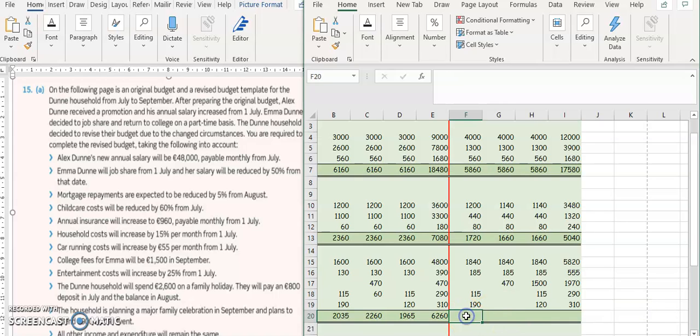And then same again, we're going to find the total for each one of our irregular. So it's going to be 1,840 plus 185 plus 115 plus 190. And then it's going to be 1,840 plus 185 plus 470.